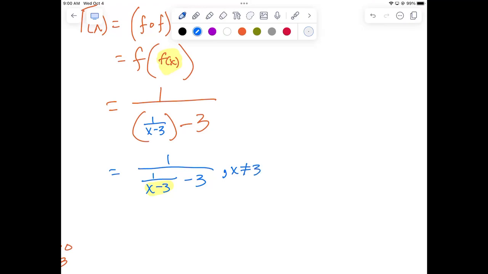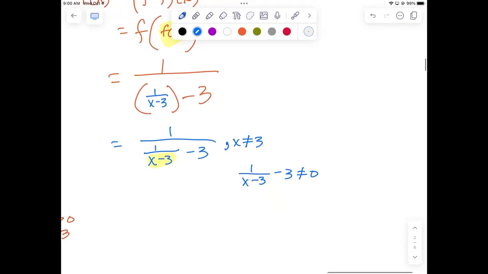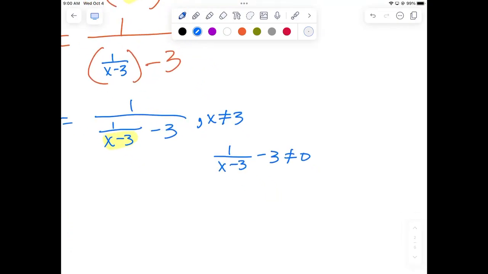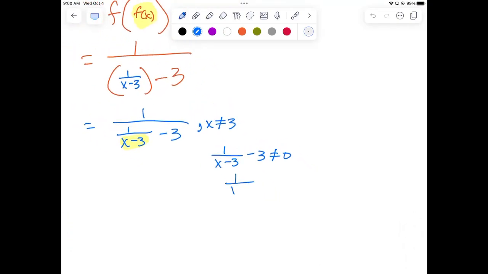Now for the other one, we might need to do a little bit more work. Let's think about the other one here. 1 over X minus 3 minus 3 shall not be 0. Can I solve that for X? Yes. Let us bring the 3 to the other side. And then y'all learned back in the day that you can cross multiply, right? If you put that over 1, you can cross multiply.